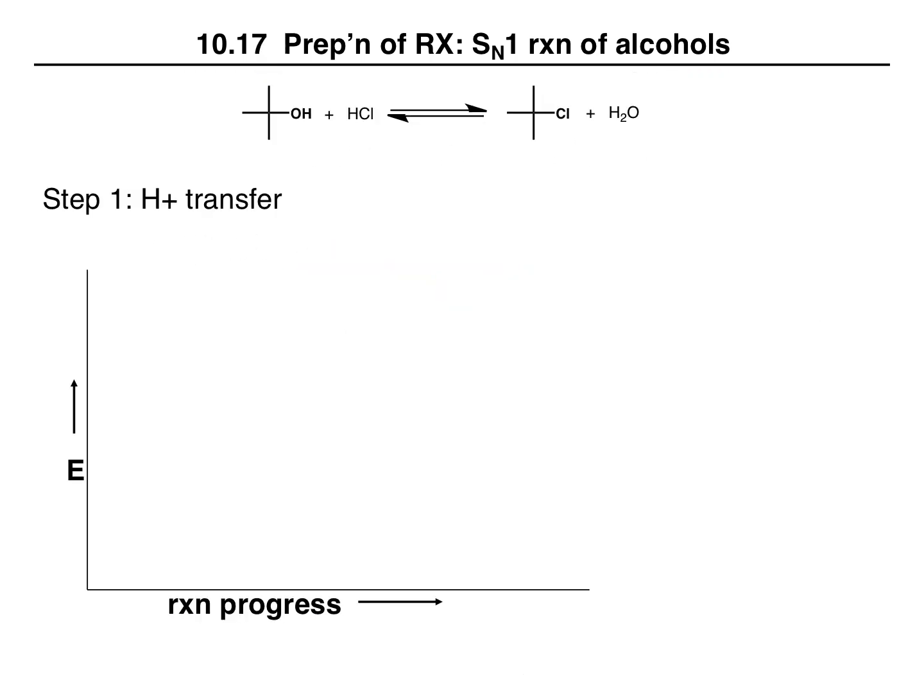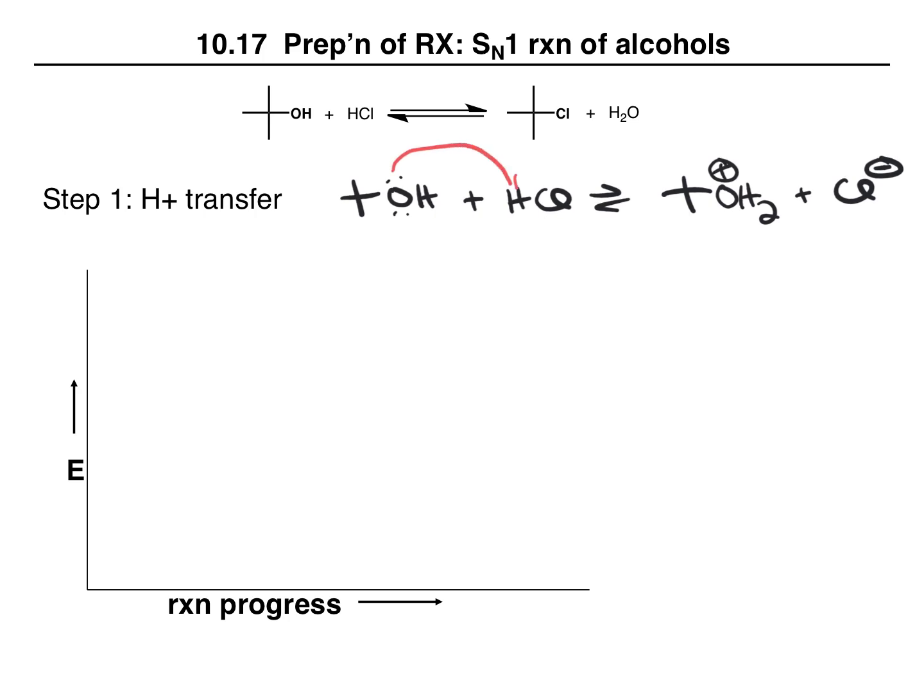So let's break down these steps a little bit more. Step 1 is proton transfer. So we're just talking about an acid-base reaction. So here we have our alcohol plus HCl reacting to form the protonated alcohol plus Cl minus. And so the oxygen is grabbing a proton.